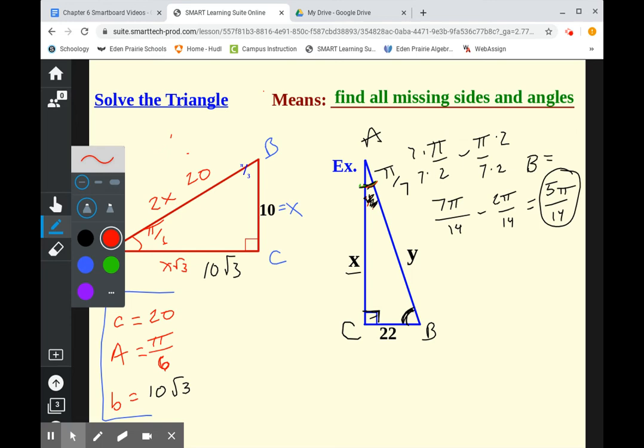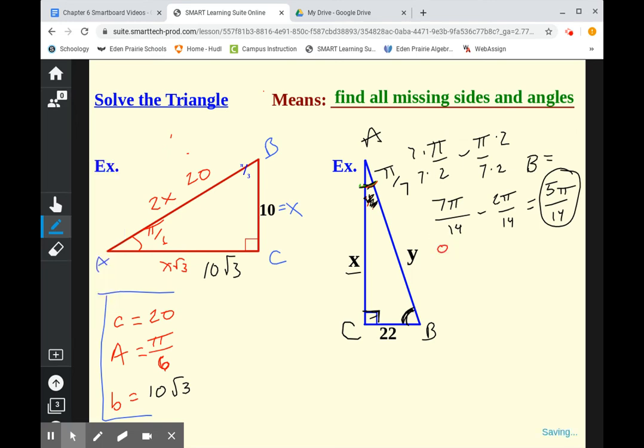So if I'm looking at angle A, 22 is opposite. So 22 is opposite the angle A. And I'm finding x that is adjacent. So that tells me from SOHCAHTOA that I'm going to use tangent. So tangent of my angle pi over 7 equals the opposite, which is 22, over the adjacent, which is x.